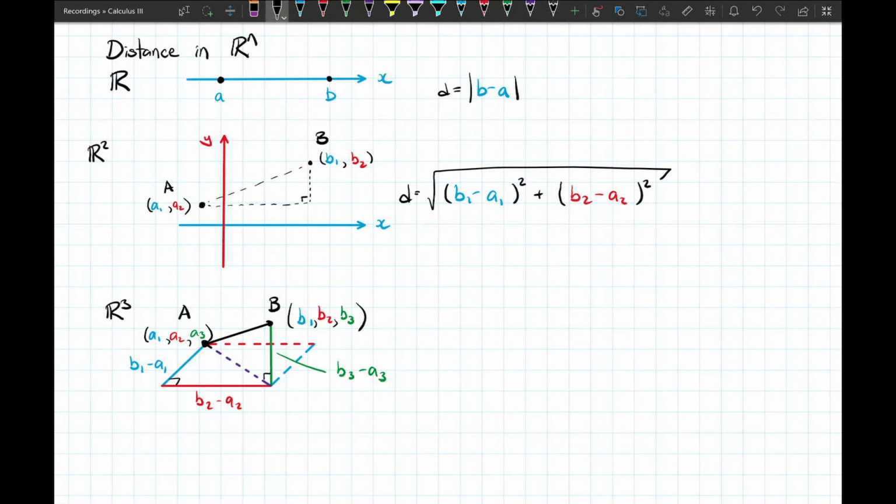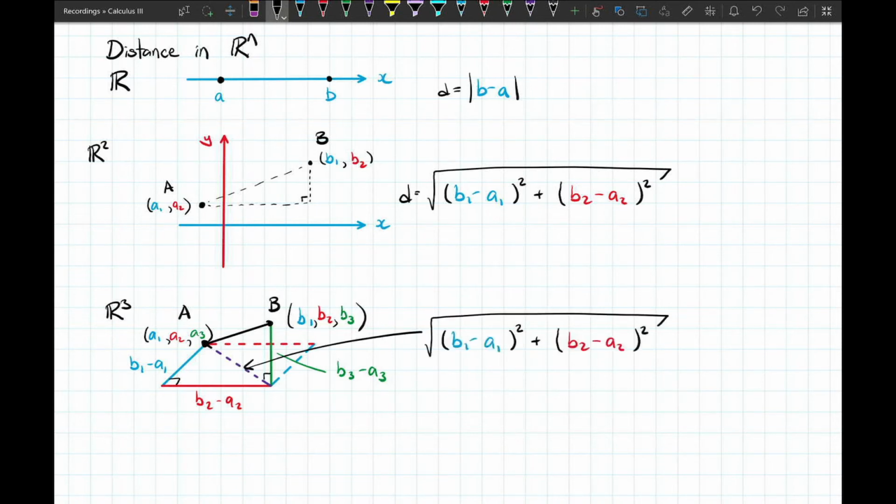Now I've also drawn a purple diagonal line here, which is the hypotenuse of that red-blue triangle. As it turns out, the length of that purple dashed line is precisely the distance formula in R2: B1 minus A1 all squared plus B2 minus A2 all squared, and then sum those and square root the result.